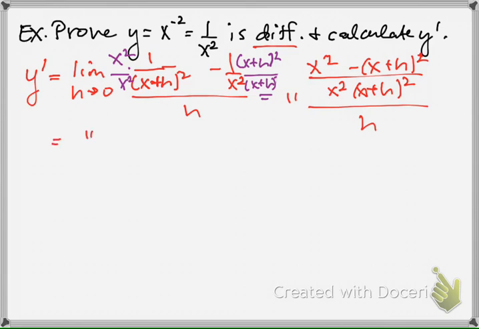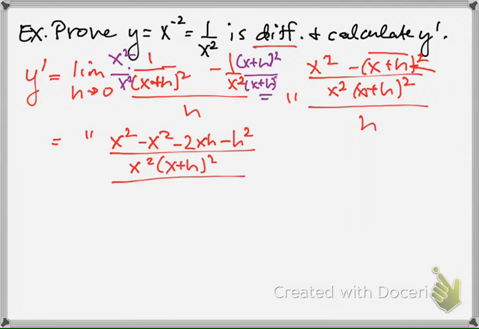So let's do some algebra. The limit of x squared minus, and I'm going to expand this, x squared plus 2xh plus h squared, distributing the negative, so I get negative 2xh minus h squared, all over x squared times x plus h squared, all over h.